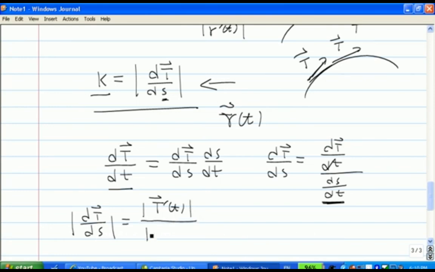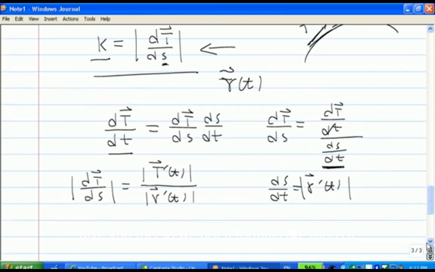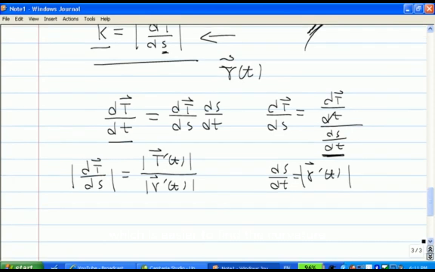And we just said that ds/dt, using the fundamental theorem of calculus, gives you the magnitude of r prime t. So we get a formula like this, which is easier for finding the curvature.